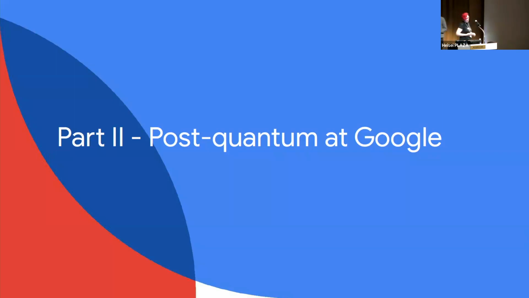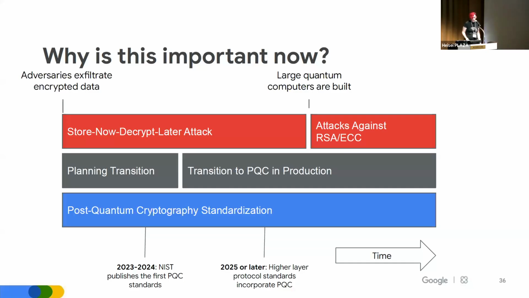Yes, thank you, Stefan. And as Stefan mentioned, I will go a bit deeper on how we do post-quantum cryptography at Google, especially about a specific thing that we did to our encryption in transit. So why is it important to talk about post-quantum cryptography now?